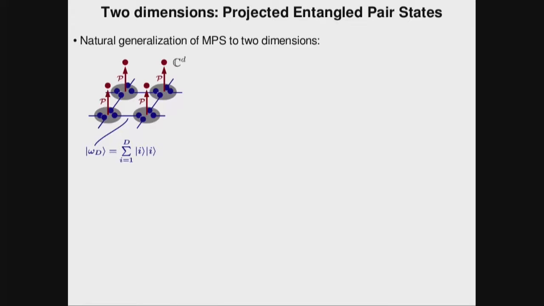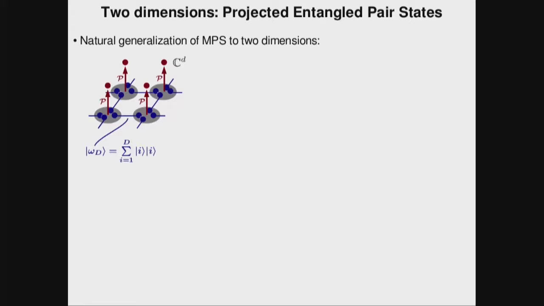So one way of looking at it is saying we place entangled states along a square grid, then we block 4 of them here, and we apply some linear map which singles out the degrees of freedom of interest. So again, you see that from the construction, these states will satisfy the area law, right? Because again, when we cut a block, we cut a certain number of bonds only sitting at the boundary.